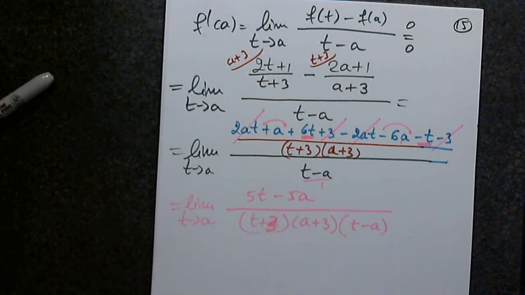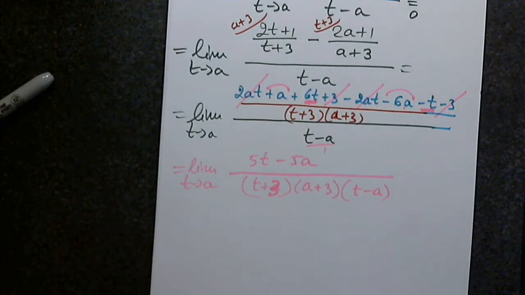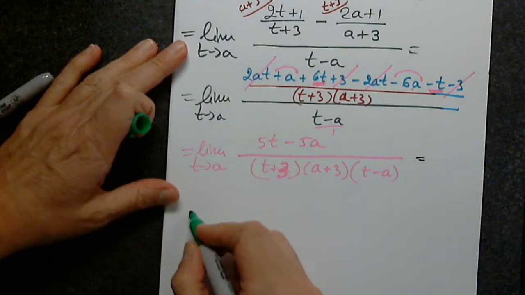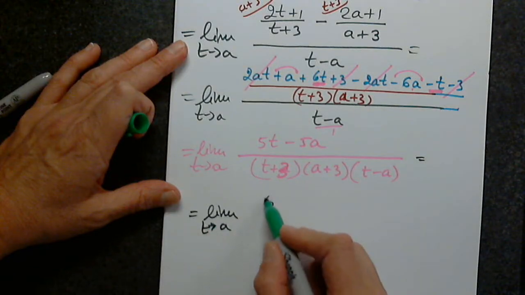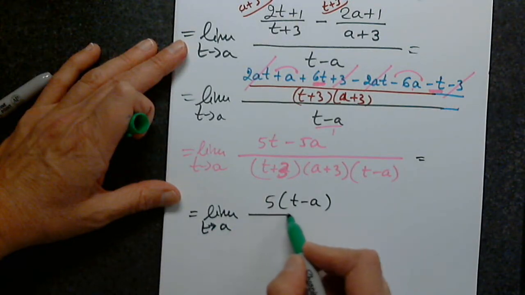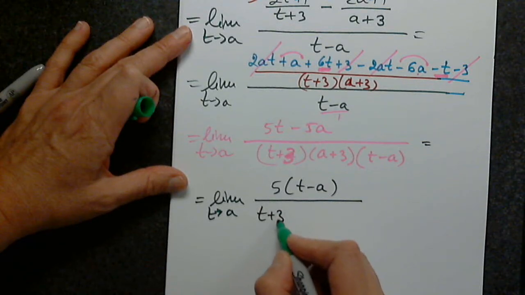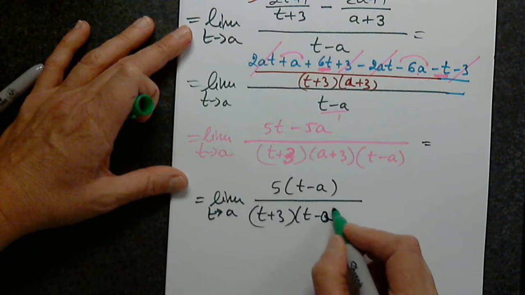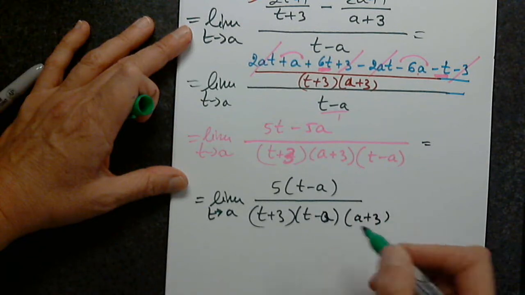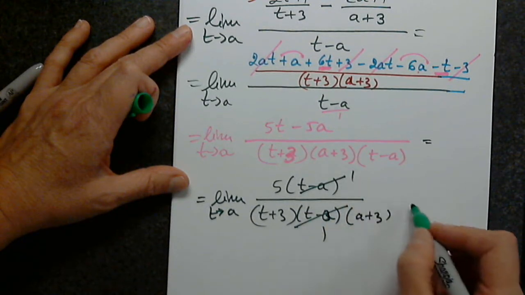We already see what has to happen, right? The t minus a will go away. This is what I expect, and we knew that from the beginning. So limit as t approaches a, 5 times t minus a over t plus 3, t minus a, I'm sorry, a plus 3. Okay, finally, the problem goes away.